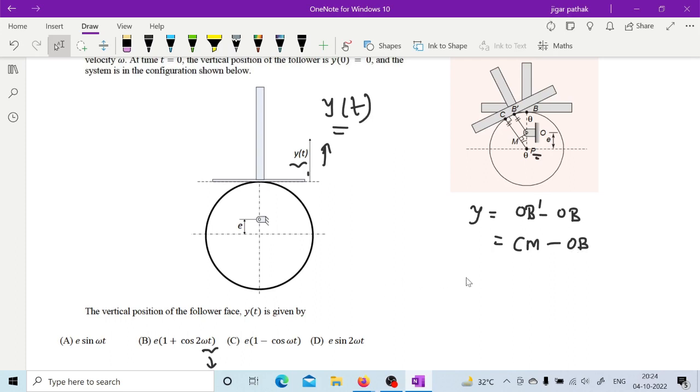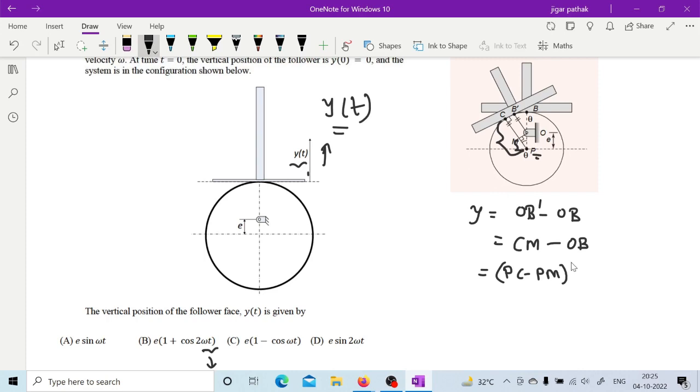And as you know, Cm is PC minus Pm, right.